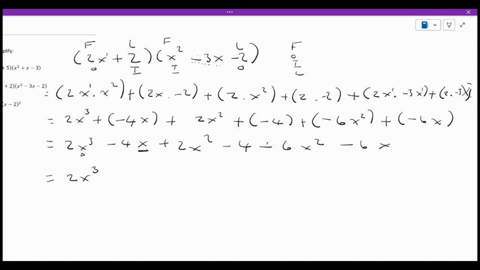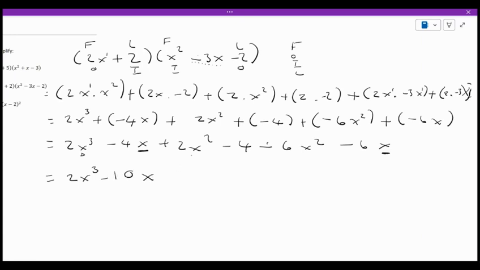We look for another x to the power of 1, of course, or x. Is there another one? Yes, there is here. So we add these. Why? Because they are like terms, meaning the variables are the same. So minus 4x minus 6x just gives us minus 10x.